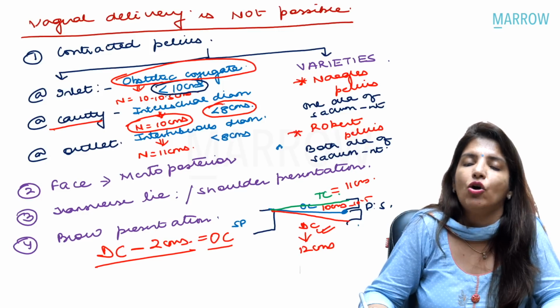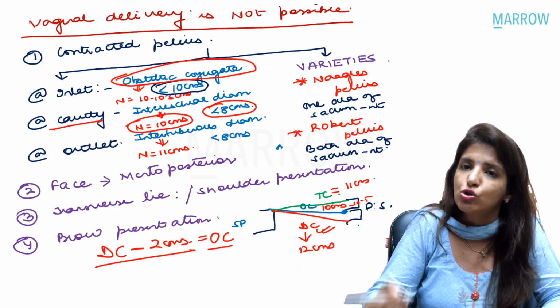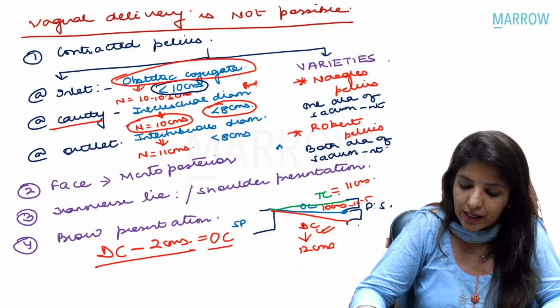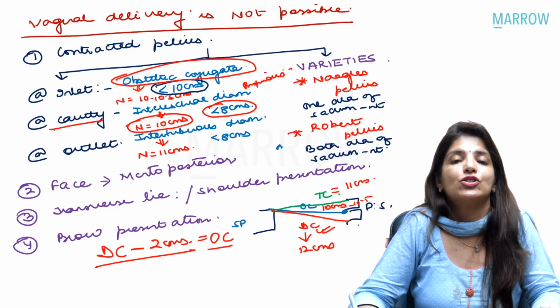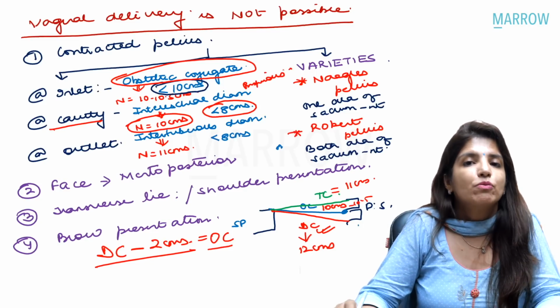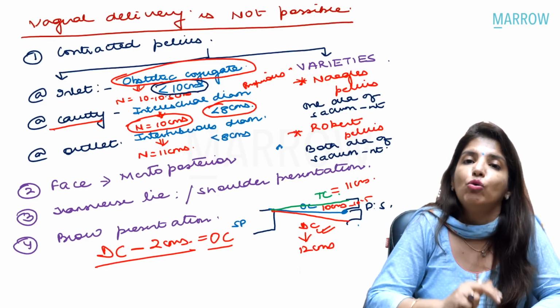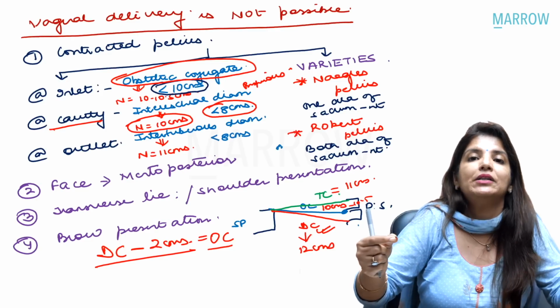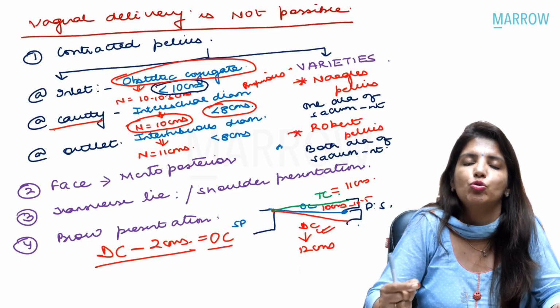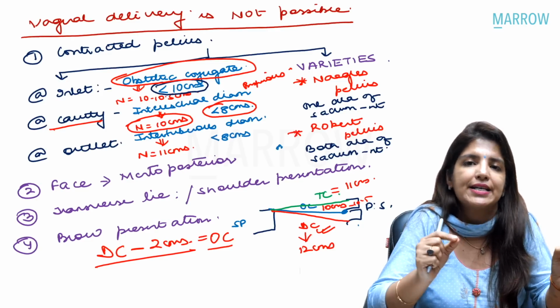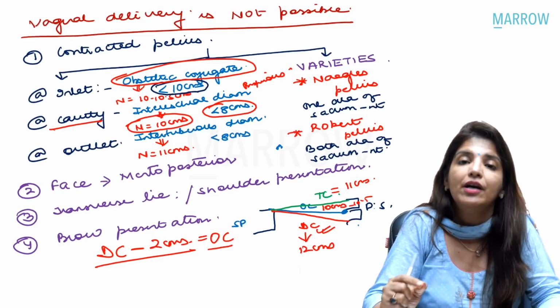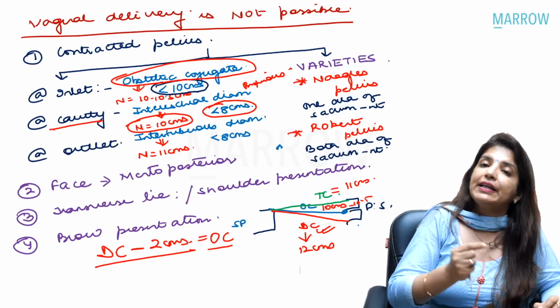Normally, IID or interischial diameter, which is also called the bispinous diameter, is the distance between the two ischial spines. So mid-pelvis lies at the level of ischial spine. If I am measuring the distance between the ischial spines, and it comes out to be less than 8 centimeters, I say it is a contracted mid-pelvis or a contracted cavity.